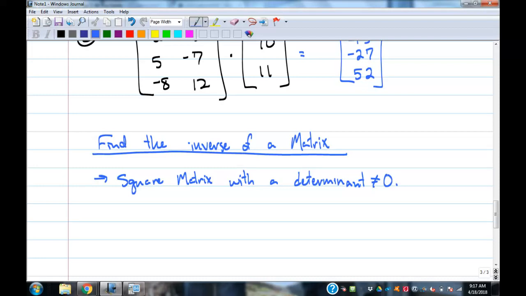When we're solving systems, we get that 1, 0, 0, and then a number over here, and 0, 1, 0, some other number, 0, 0, 1. All of this over here is an identity matrix, meaning it's 1x, 1y, 1z. It's 1 of each thing.